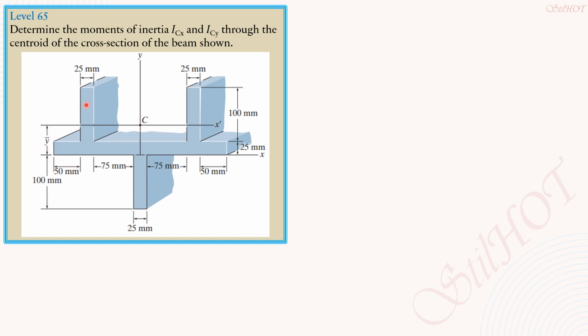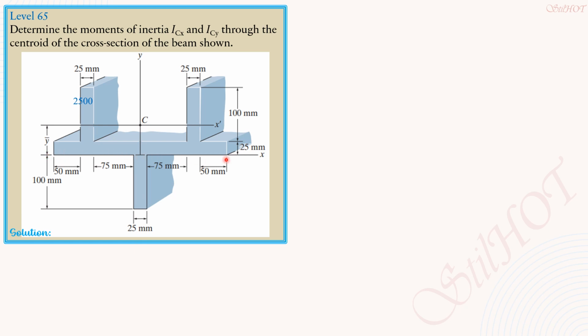So for our solution, the area here is 25 times 100, 2,500, and this is also 2,500. Then this one is 50 plus 25, 75, plus 75, 150, times 2, 300, plus 25.